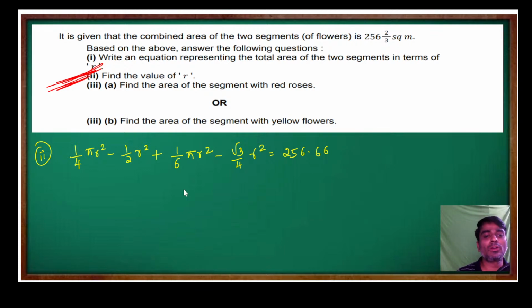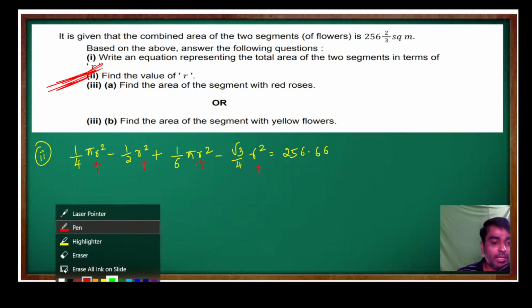This we need to solve completely. You can see here r is there in this variable. Everywhere you have r. See here, this one and this one. So very easily we can solve this.